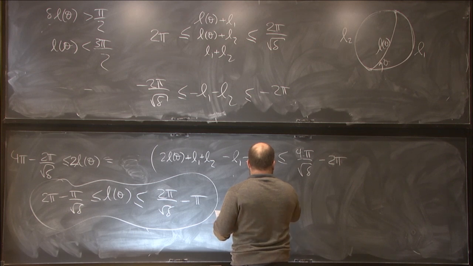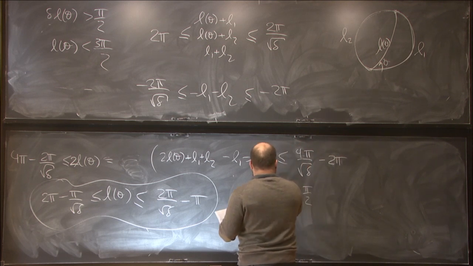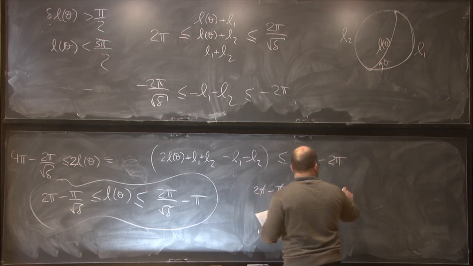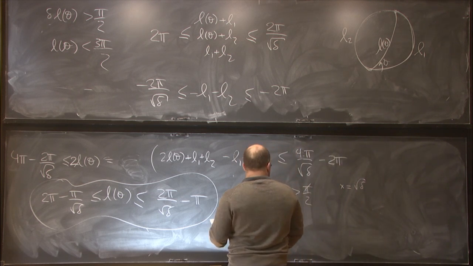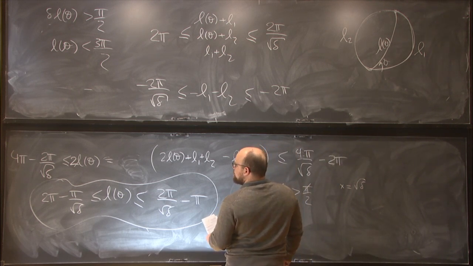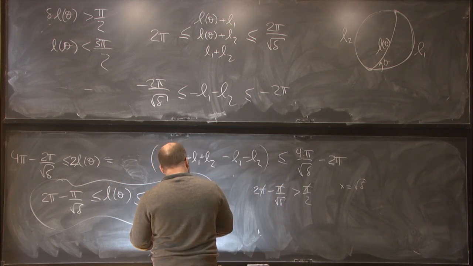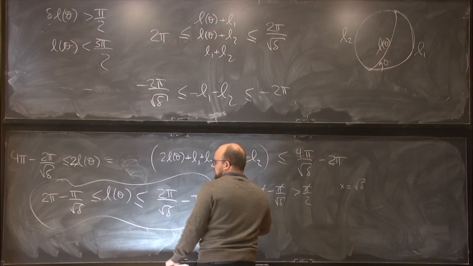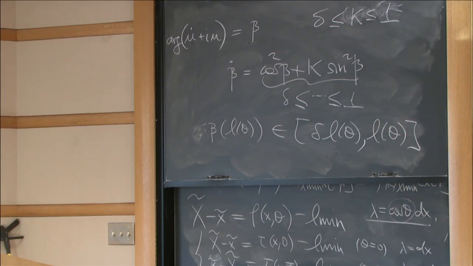And then what you see is that if you do 2 pi minus pi square root of delta is at least equal to pi over 2, you cancel, you get, if you call x square root of delta, sorry, there is a delta here, right? There is a delta here. So delta.